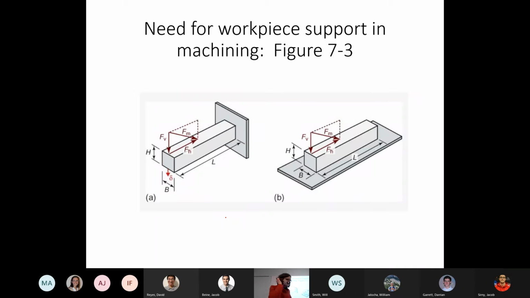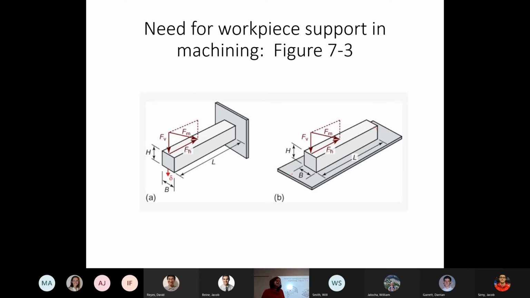Okay, so here's one where, again, if we're looking at clamping and holding, if we have this situation where we have more of our cantilever beam, we're going to see deflection as we machine this top surface, whereas if we have the material supported, we're going to get less deflection.